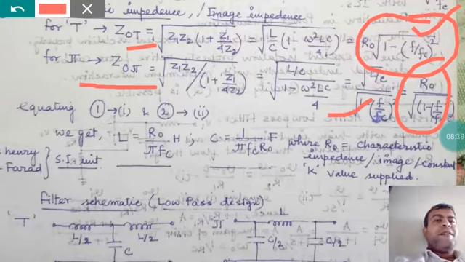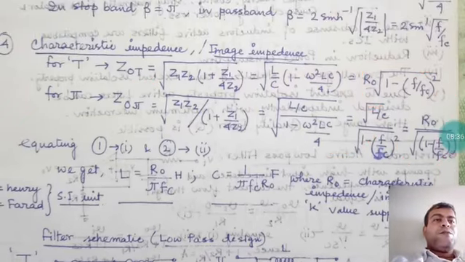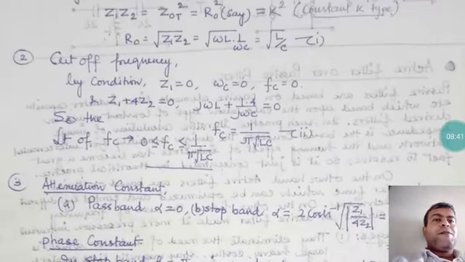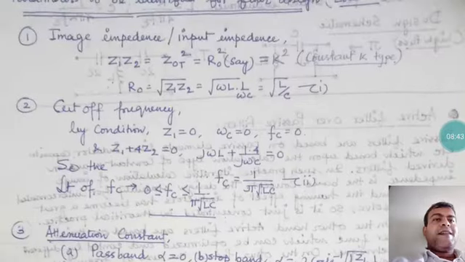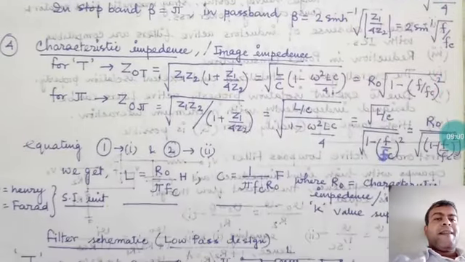Now if you are equating these two equations, equating 1 and 2, fc is given and here LC is given. With the help of these two, if you multiply, obviously L into pi equals fc R0. In the same way, the value of L is R0 by pi fc, that is henry.